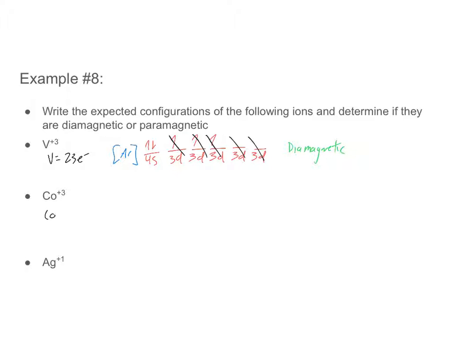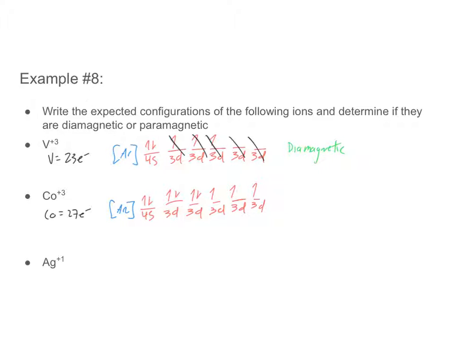Cobalt by itself has a total of 27 electrons. So because it happens to be in the same block and row as vanadium, argon, and then 4s, arrow up, arrow down, and then the 3d, 1, 2, 3, 4, 5, and since it's element number 27, it would be arrow up, arrow up, arrow up, arrow up, arrow up, that's 5, arrow down, that's 7, so now we have 27.